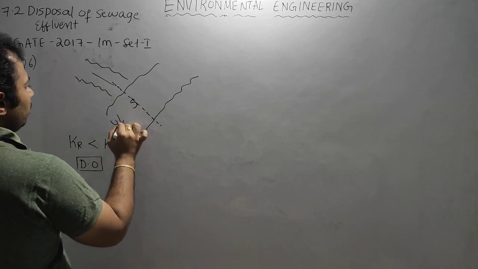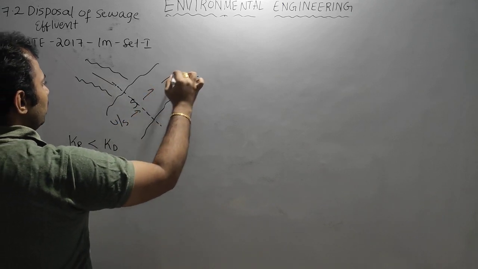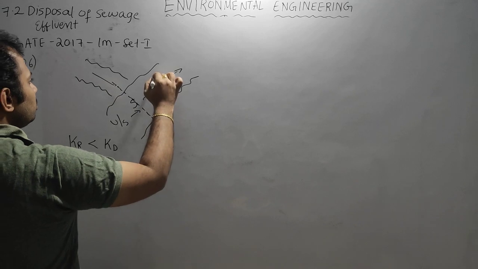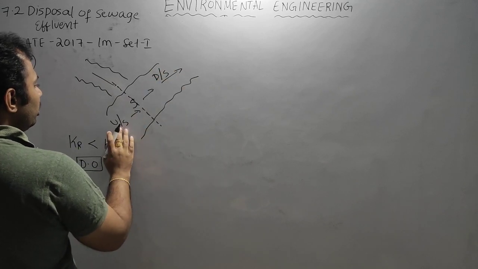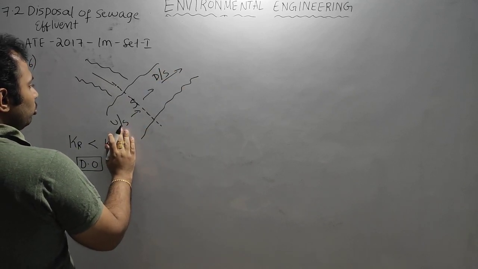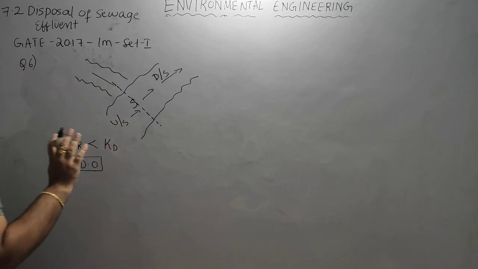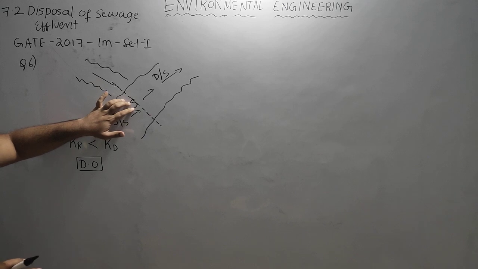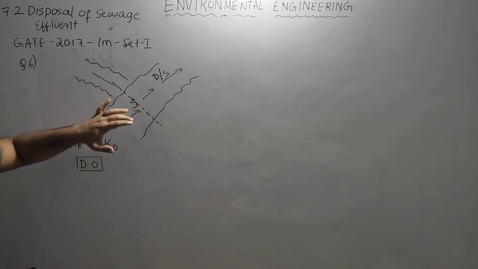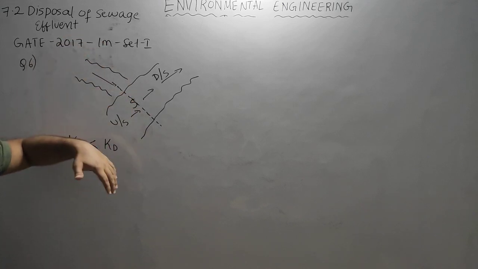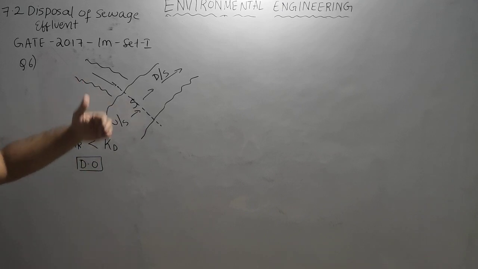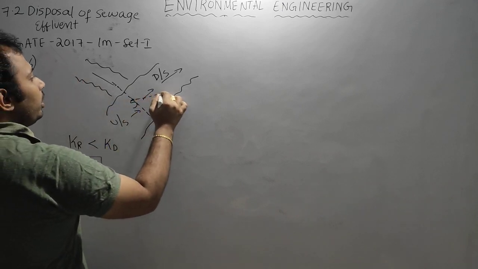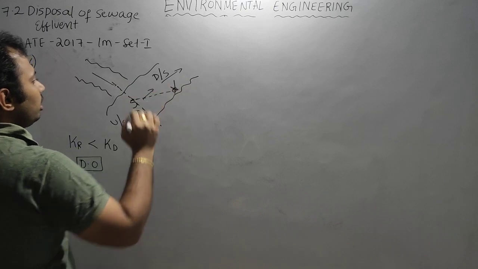If the river flows in this direction, this is upstream and this is downstream. There is no degradation on the upstream, so there won't be any oxygen deficit there. Immediately after mixing with the river water, oxygen will not suddenly deplete. Oxygen depletion takes time. It gradually depletes and becomes minimum at some location downstream.